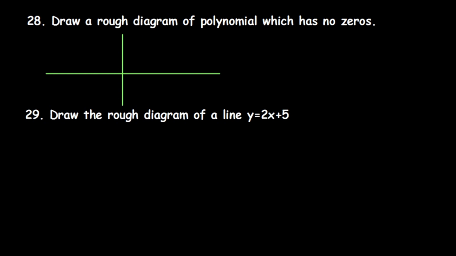No zero means the parabola should not intersect the x-axis. Okay, that means we take it either like this, or this side, or like this, or we may get a downward parabola also, right? Maybe this one, or like this, or like this. So finally you should draw.